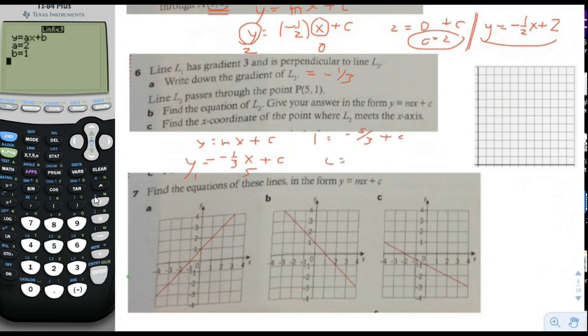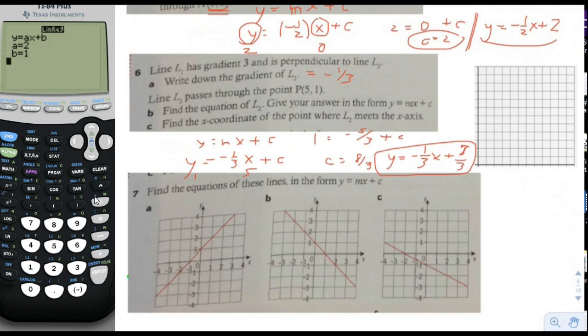C is equal to 1 plus 5/3, which would be 8/3. All right, and so the equation of the line, we'll put the y's and the x's back into it. So it'll be negative 1/3 x plus 8/3. All right, and that's the equation for line 2.